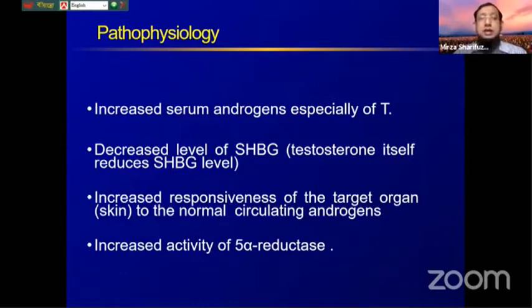So these are the mechanisms responsible for hair growth, and during treatment we will target these areas, that is, we will decrease secretion of testosterone, try to increase the SHBG, decrease tissue responsiveness, block the tissue action of androgen, and we can block the activity of 5-alpha reductase. We'll see later on.